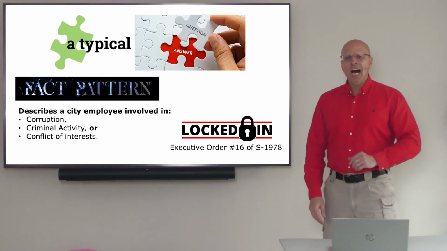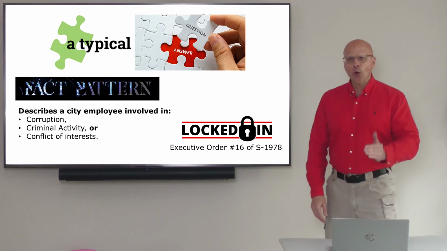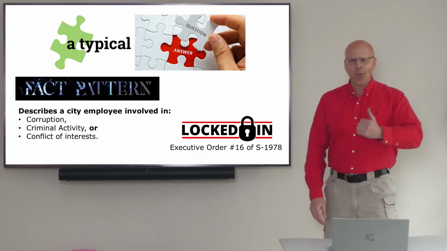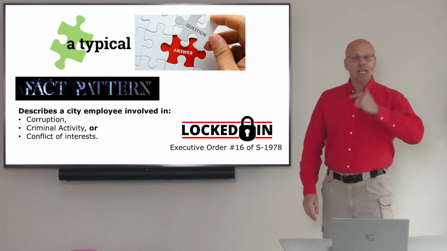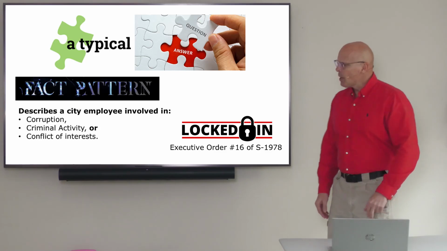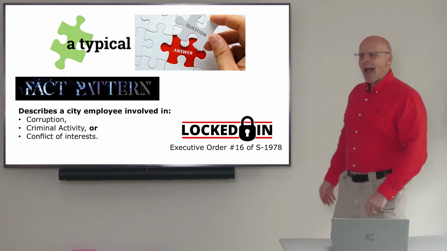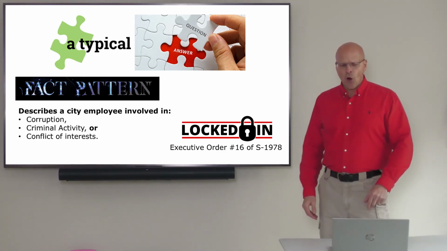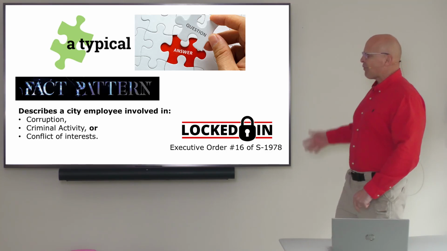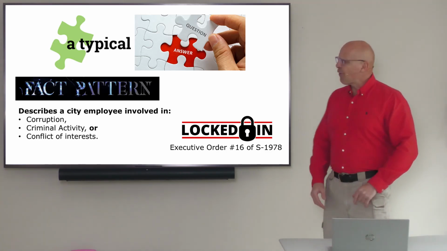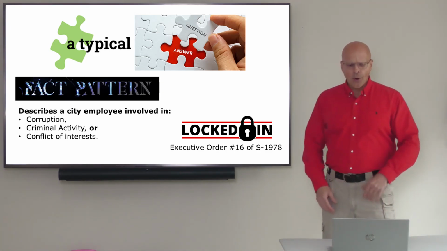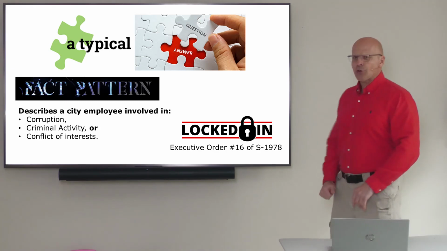So let's go over the typical promotional exam question. And again, this applies to sergeant's exams, lieutenant's exams, and captain's exams. In the fact pattern of the question, they're going to describe a city employee involved in corruption, involved in criminal activity, or involved in a conflict of interest.